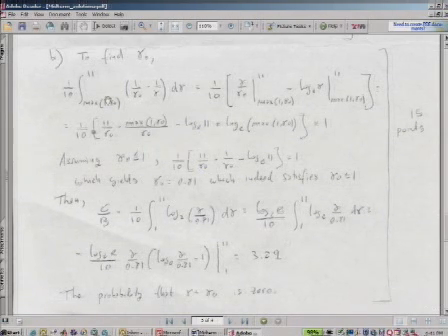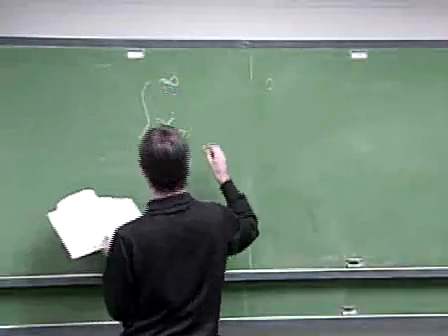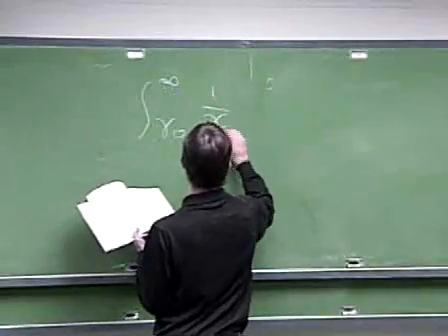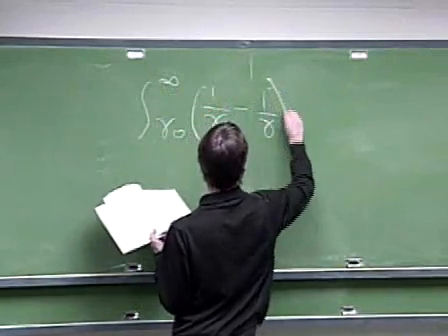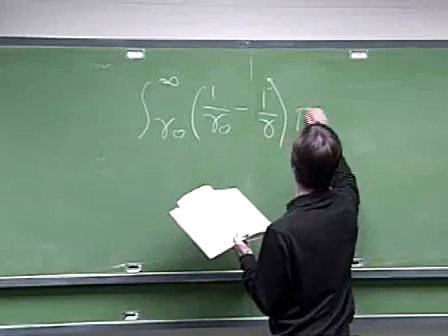So let me write it down. We have that the integration from gamma 0 to infinity of 1 over gamma 0 minus 1 over gamma times P of gamma.